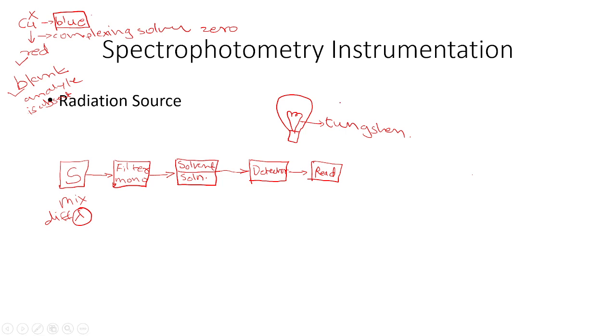But as the temperature rises, the amount of visible radiation goes on increasing compared to your UV radiation. So you have to use different sources which will give you UV as well as visible radiations.